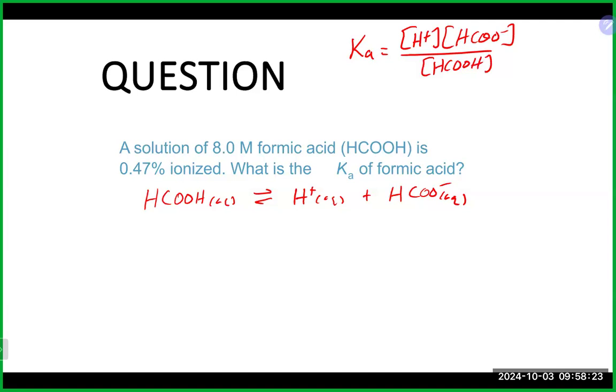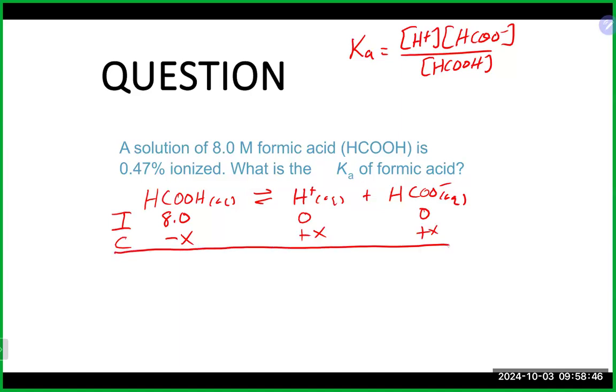So we can approach this like a normal problem and do our ice table. Initially, I have 8 molar of the formic acid, and we don't have any information about the products, so we assume it's 0. The change is minus X, plus X, and plus X. That means at equilibrium, we will end up with 8 minus X, X, and X.